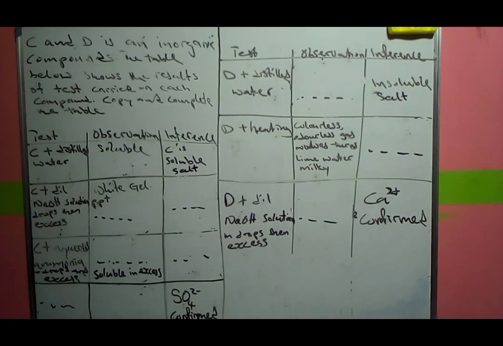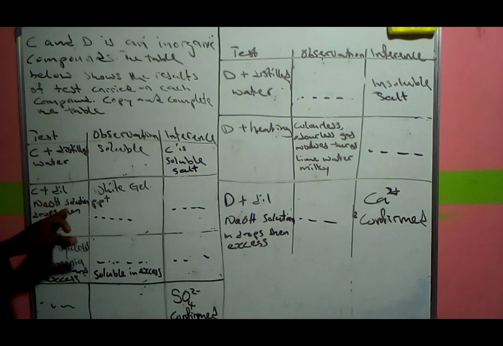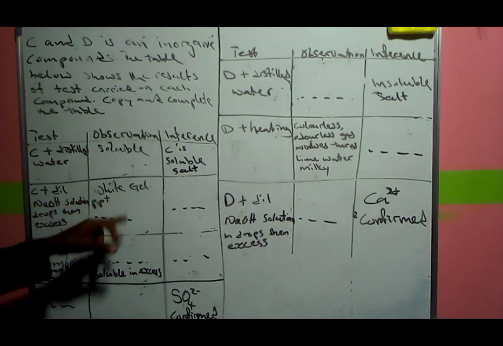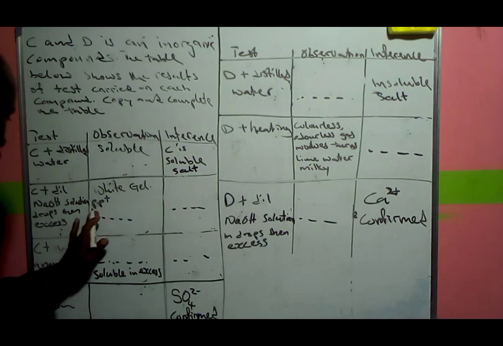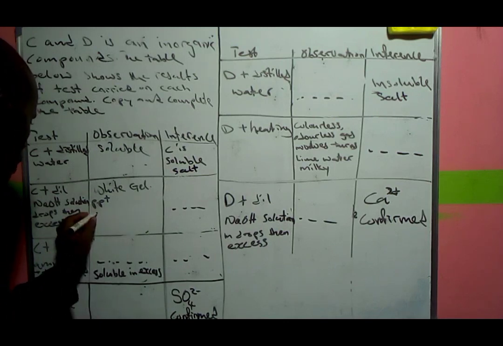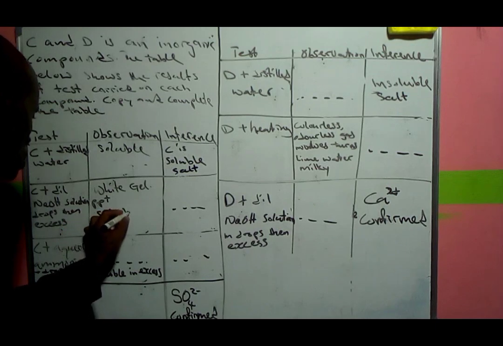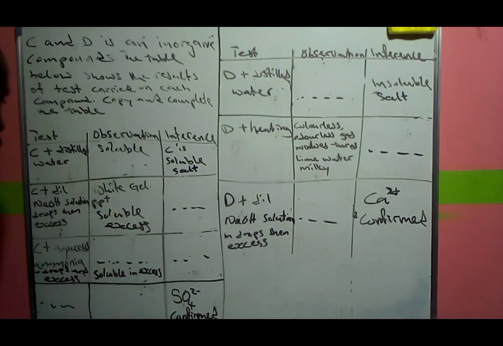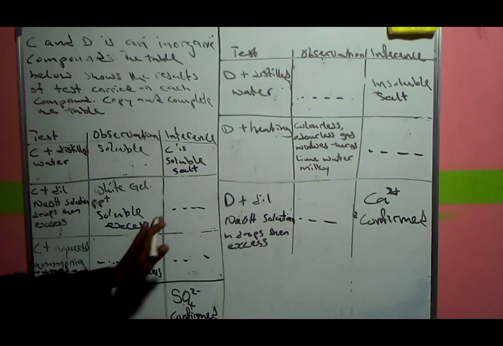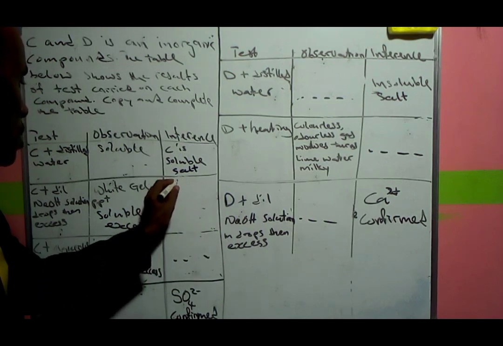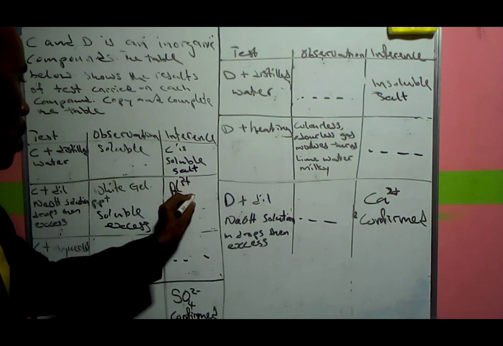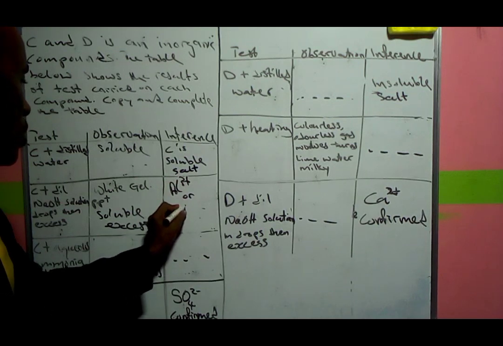And the other one is C plus dilute sodium hydroxide solution. We have a white gelatinous precipitate in drops, and then in excess, what will it be? Soluble in excess. So what should be here now will be zinc ion or aluminum ion.